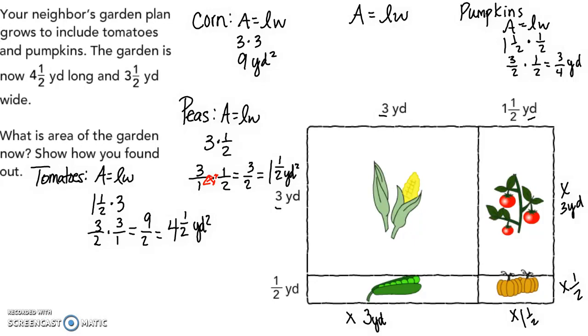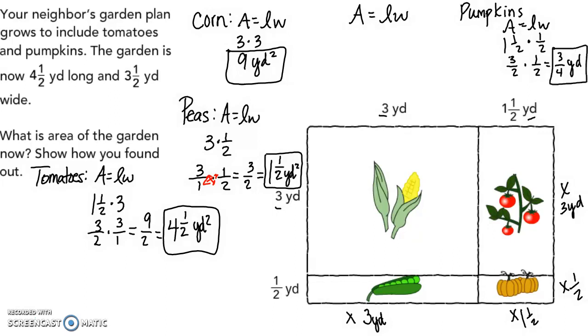Now, to find the total area of the garden, we need to go back and add all of our final areas together. So we've got 9 yards here, 1 1/2 yards here, 4 1/2 yards here, and 3/4 of a yard here. So we've got 9, 1 1/2, 4 1/2, and 3/4.